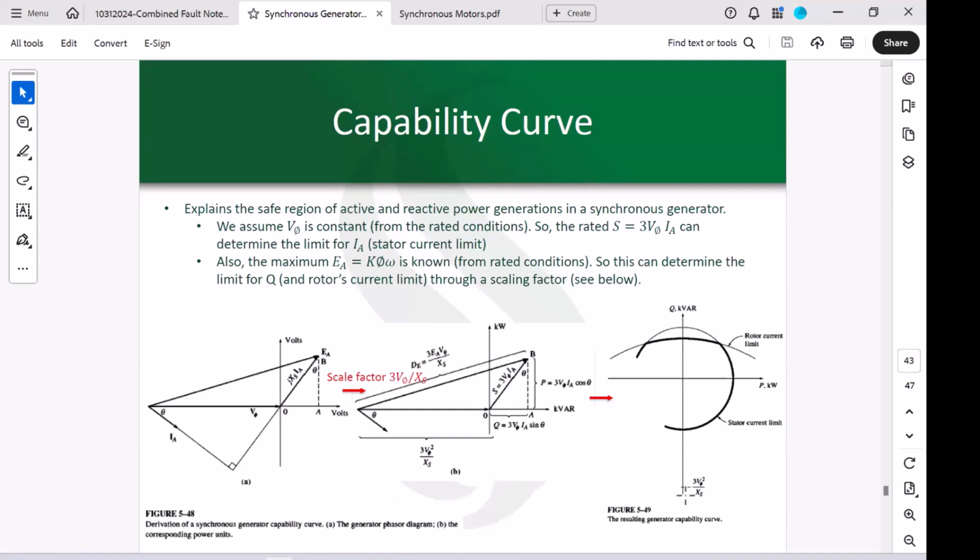So this length is equal to this, and the center with respect to this origin point is minus 3 V phi squared over XS. So keep that in mind. These are all basically constant numbers. So this can give you this curve. So using that, this capability curve can be found.